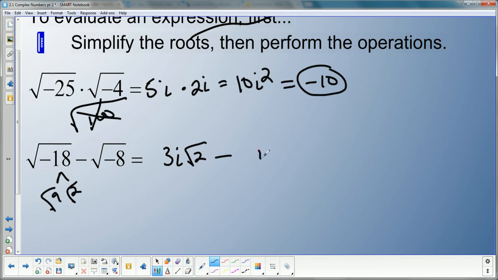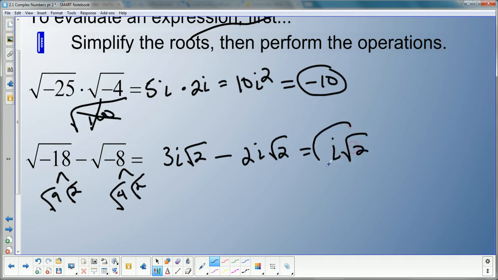Okay, pull out an i, and then I'm going to think of 8 as 4 times 2, because the square root of 4 is 2, and then square root of 2. And now this becomes a subtraction problem like we saw in the last lesson. So 3i square root of 2 minus 2i square root of 2 is going to give us just 1i square root of 2. Okay, and that would be as simplified as we could go on that one.